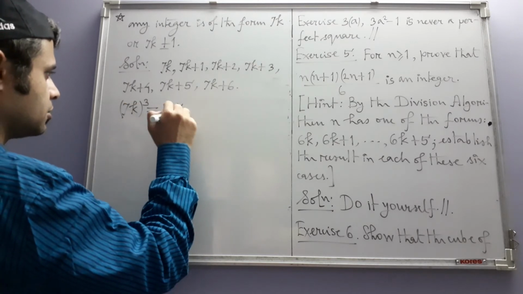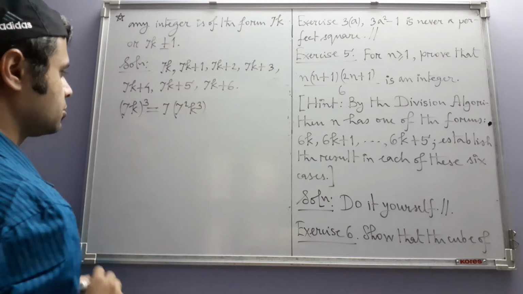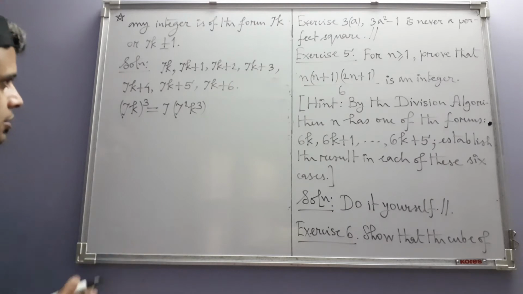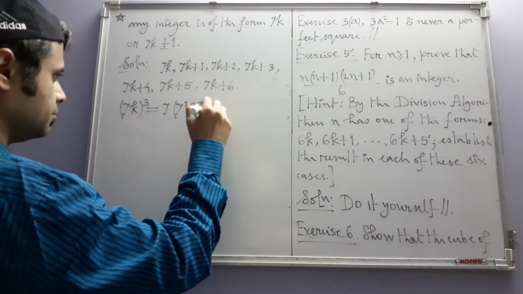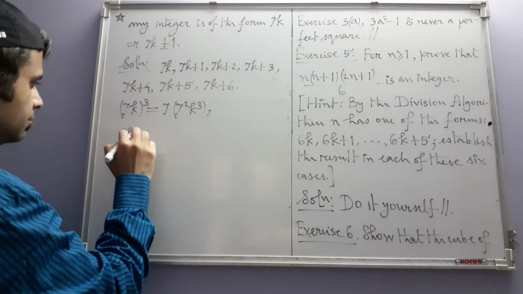This one of course is 7 square k cube, so it's of the form... Okay, let me just write the equations like this. That way they will be easier to see.